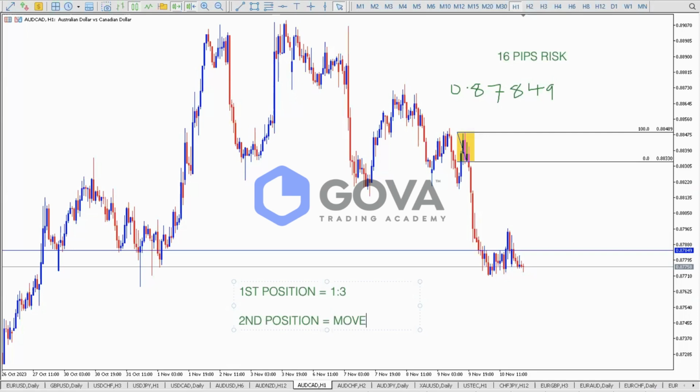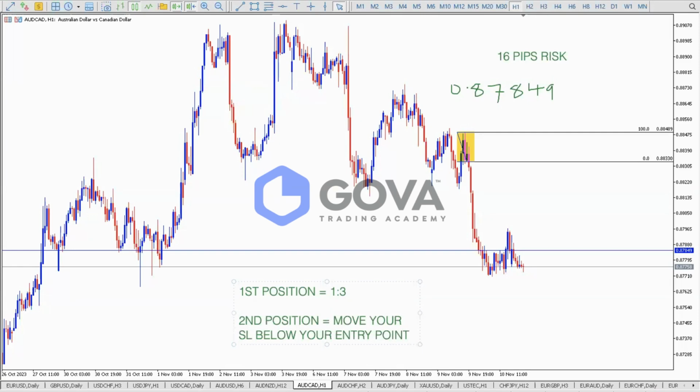This is a sell trade. So in this situation, in a sell trade, move your stop loss below your entry point.